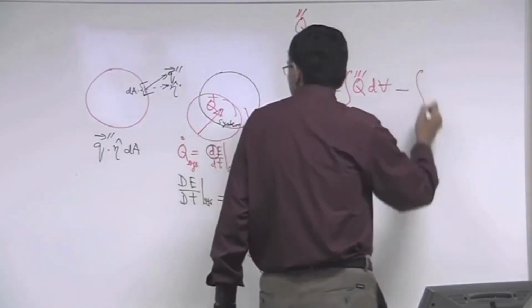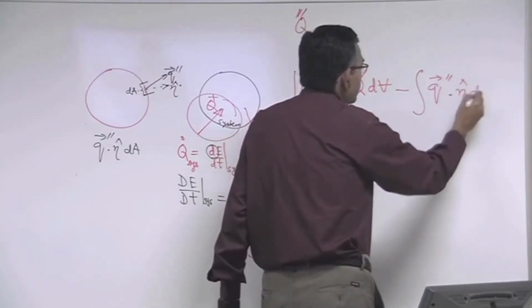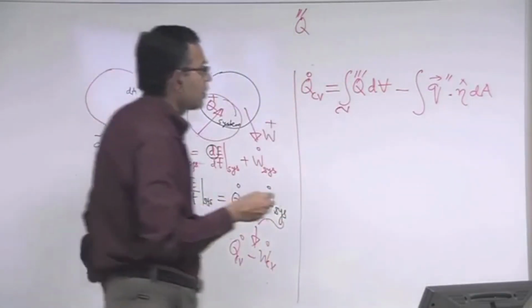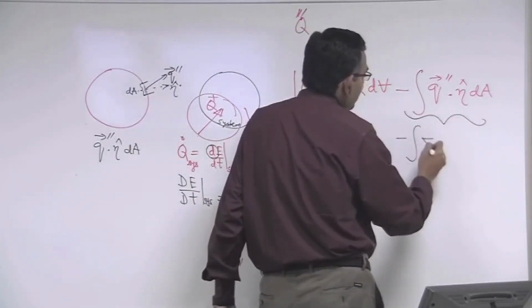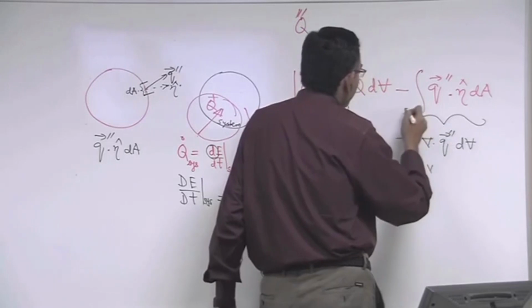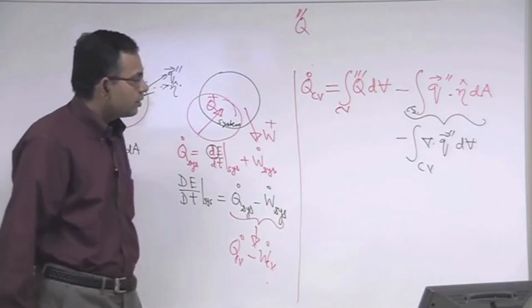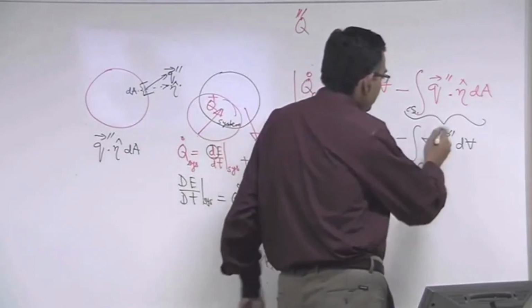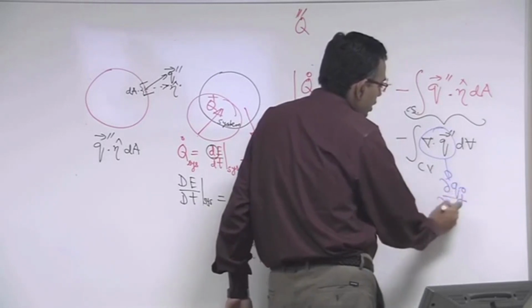So, minus integral of, using the divergence theorem, divergence of q double prime over the control volume. This, in shorthand index notation, is del q_j del x_j.